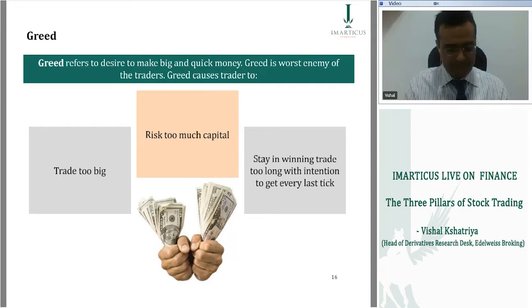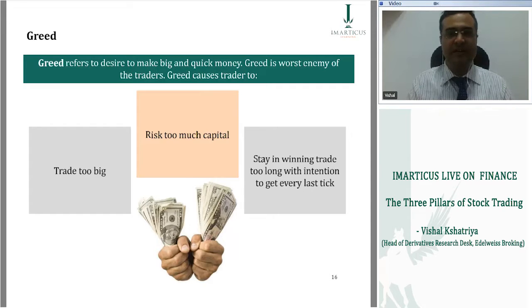What does this mean? Suppose you have done your own analysis, and based on your analysis you came across that this stock has the potential to move from 100 rupees to 110. So you buy that stock. The stock gradually goes up: 103, 105, 108.